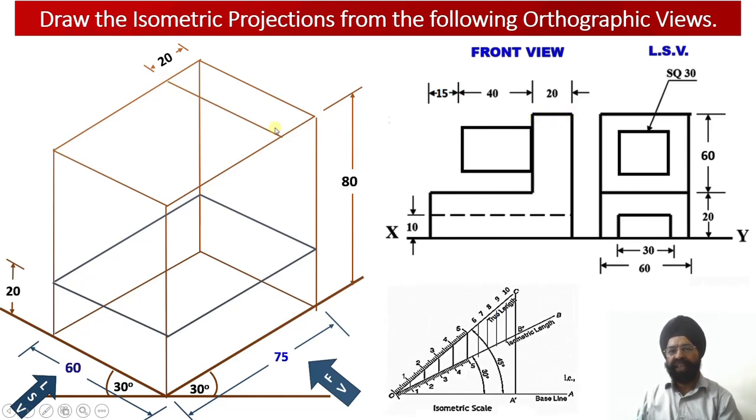Having obtained this top surface, now I need to bring the vertical projector from this point and vertical projector from this point onto the top surface of the ring, so that the vertical height of this edge should be equal to 60 millimeter. It is this edge that I am trying to obtain. So once I draw this perpendicular, we'll find that this vertical edge has been obtained.